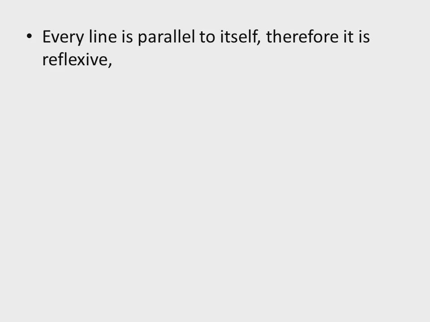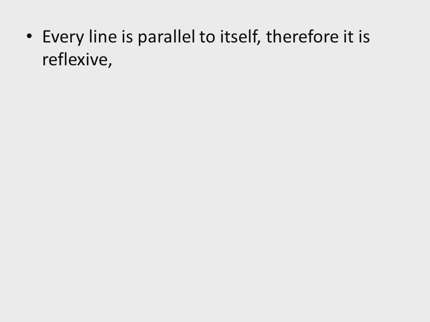We can see it here. Since every line can be considered parallel to itself, therefore it is reflexive. How can you consider it to be parallel? See the definition of parallelism. 2 lines are parallel if and only if the angle between them is 0 degree or 180 degree.